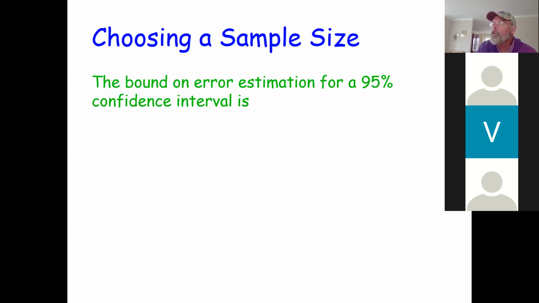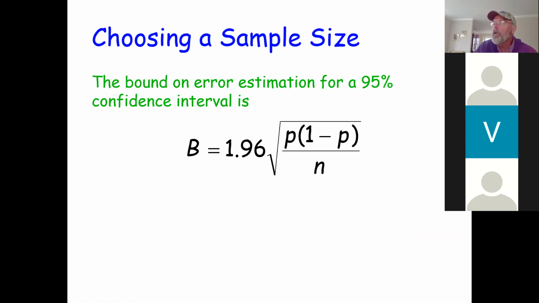So we have a margin of error for a 95% confidence. This term right here is the margin of error. We can use B, but I would prefer using ME, ME being the margin of error.